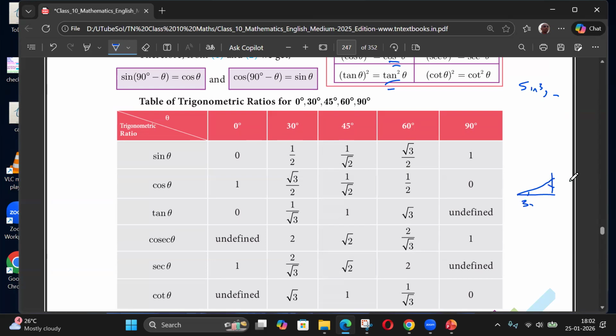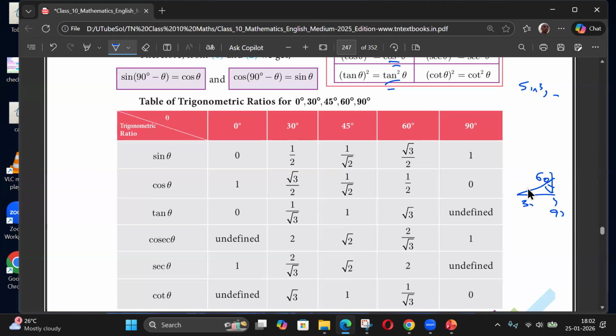The remaining would be how much? This largest angle is 90, so the remaining should give me 90. One angle is 30, so 90 minus 30 is how much? It would be 60 degrees. So this is one standard triangle.